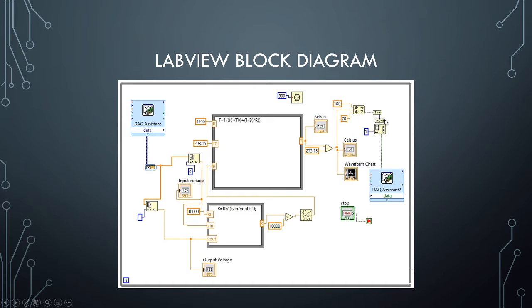Now, to control the LED, I have a digital output set up with a DAQ assistant. And the digital output, the data input has to be a true or false one-dimensional Boolean array. And for whatever reason, the true or false Boolean didn't work, maybe because it's not an array.